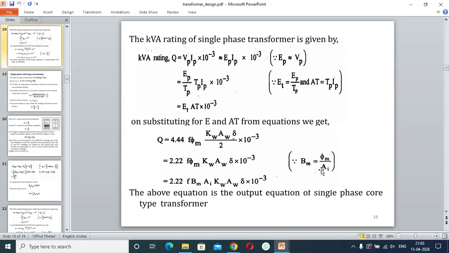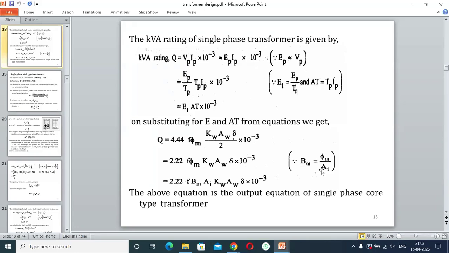and in this equation we have just multiplied and divided by Tp, the number of primary side turns. If you do this, then Ep upon Tp gives you the EMF induced in each turn, that is, how much EMF is induced in each turn, which will be given by Et, and AT, the number of ampere turns, becomes TpIp.